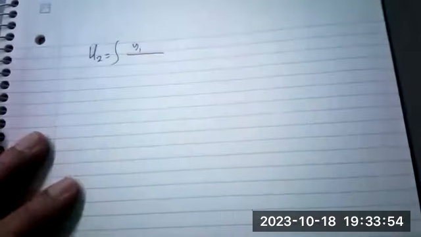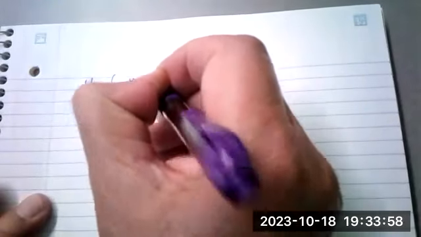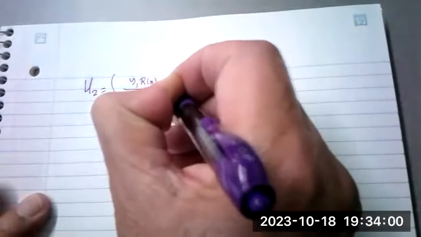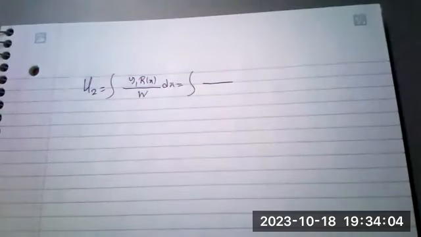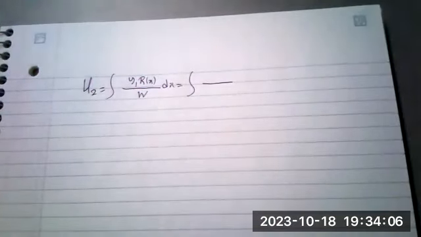Ready? Let's see what's going to be u2. For the u2, u2 would be the integral of y1 R of x over the Wronskian. So what is the y1? Y1 was x cubed, yes? X squared.